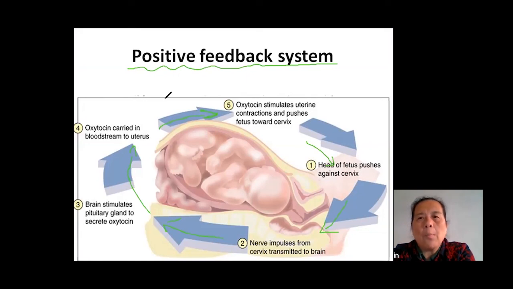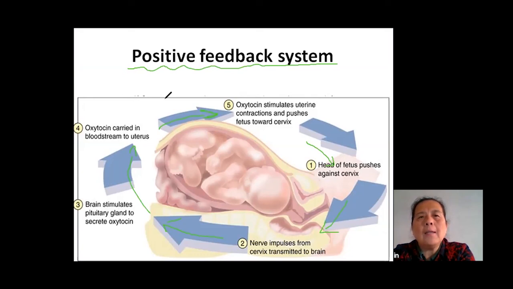Then they stop secreting digestive juice. So that's another example of positive feedback. But positive feedback usually lasts a short time. It's not long term. It's just short-time functions.